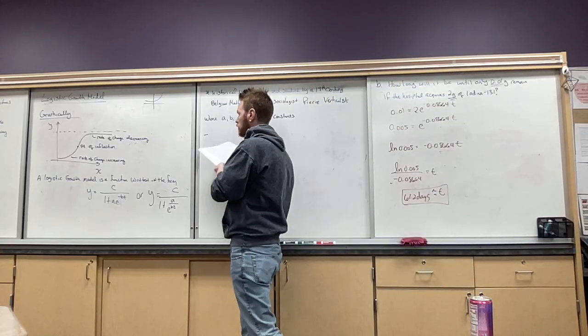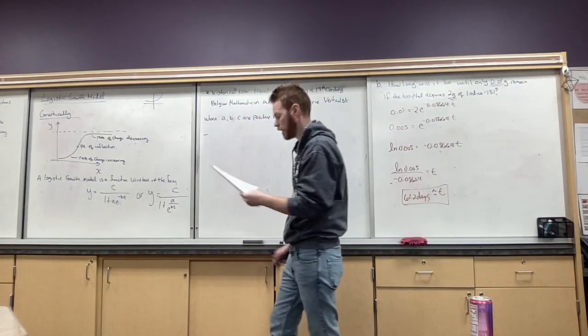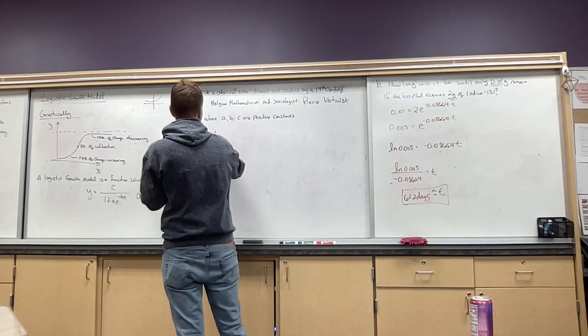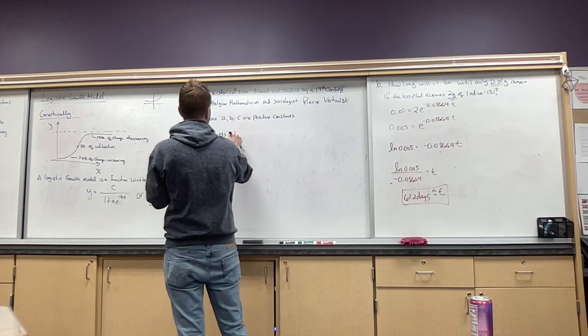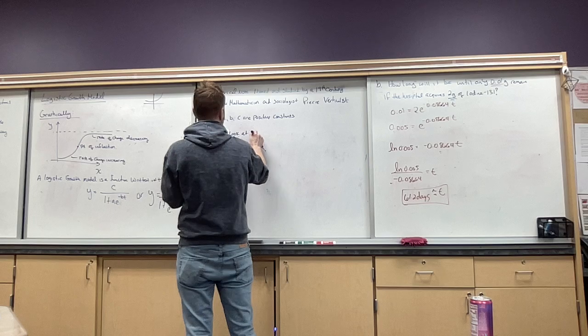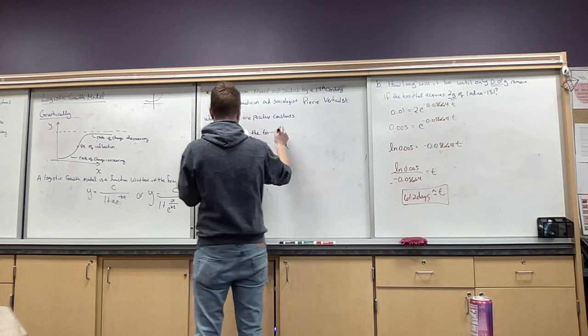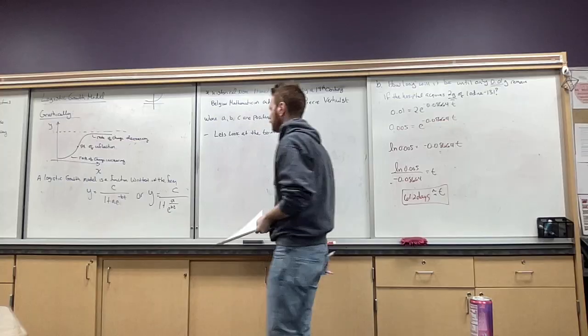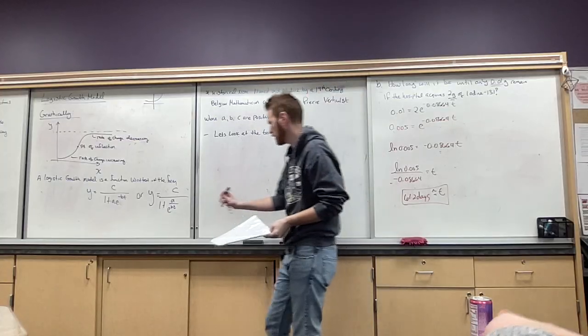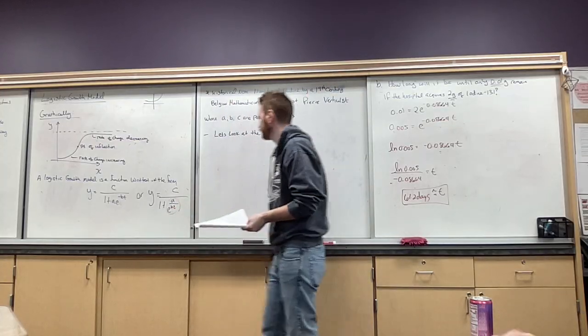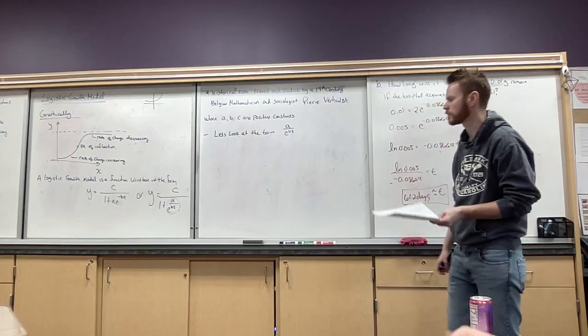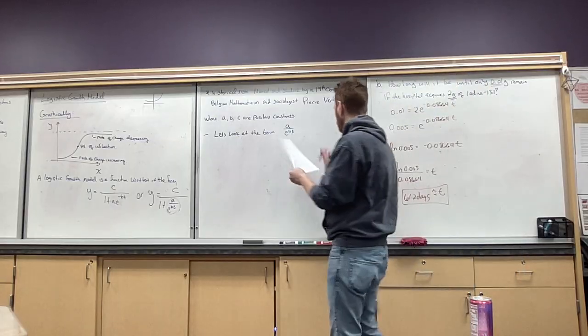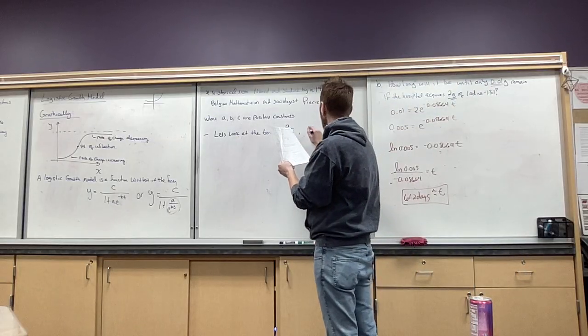So I'm going to write a little note on how to find the HA. Let's look at the term a over e to the bt. I'm going to look at just this term for a little second.